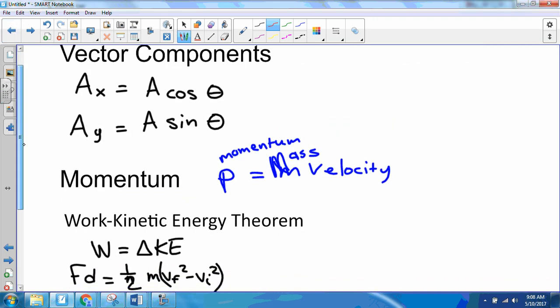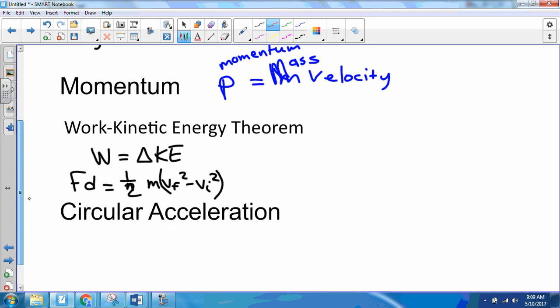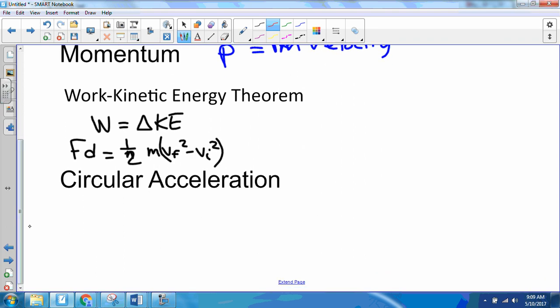So we've covered vector components. We covered what momentum is: mass times velocity. The work-kinetic energy theorem says that the work you put into something is equal to its change in kinetic energy.